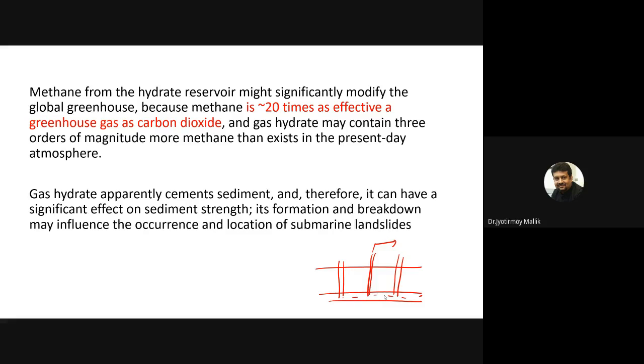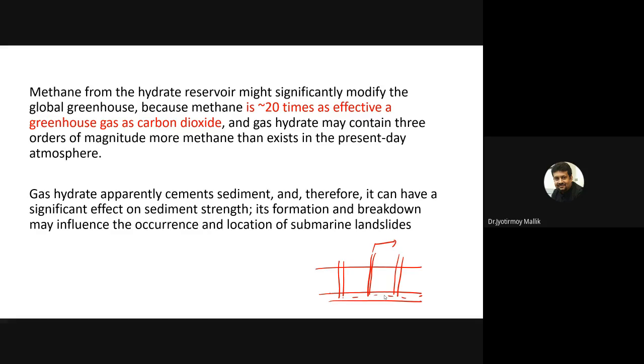Now you know that methane is also a greenhouse gas. What would happen if, by chance, by mistake, you can't handle it properly, you can't take the methane out in a controlled way, and there is an uncontrolled explosion of methane gas all around?